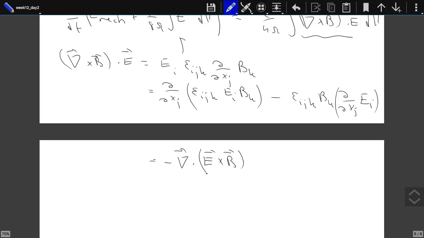Now let's look at the second term. Let me also write it in terms of the vectors. This is B_k. Well, this derivative over there is nothing but minus the curl of E, the k component.